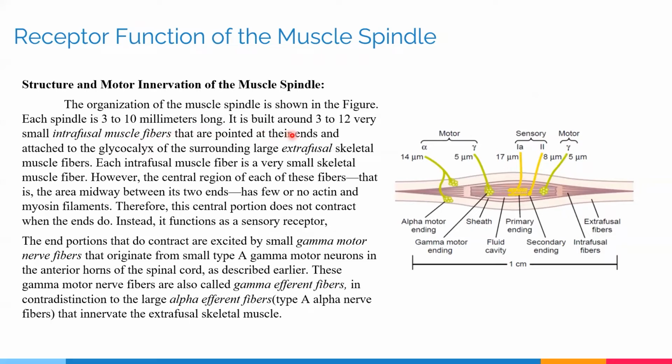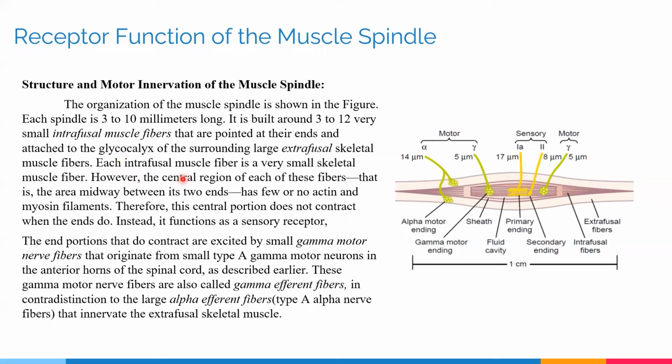It is built around 3 to 12 very small intrafusal muscle fibers that are pointed at the ends and attached to the glycocalyx of the surrounding large extrafusal skeletal muscle fibers. Glycocalyx, if you remember, is a layer of sugar molecules that are present on the cell membrane of various cells. This is the point of attachment of the intrafusal and the extrafusal skeletal muscle fibers.